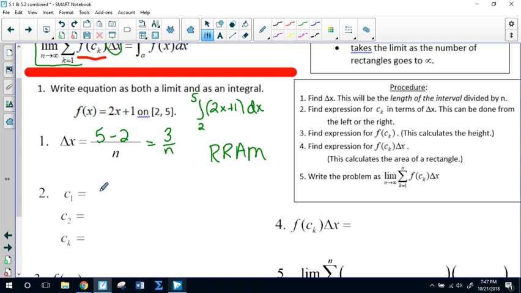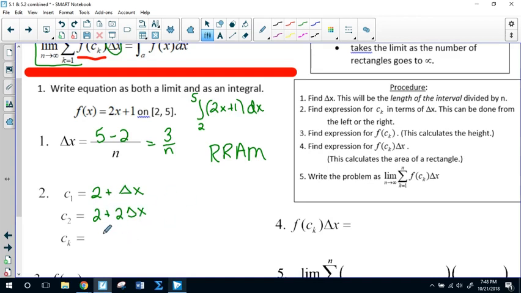Okay, so if I'm going to use RRAM, that means my first rectangle would start at 2 plus whatever I've decided my delta x is going to be. And then the next rectangle would start at 2 plus another delta x, or 2 plus 2 delta x. And my third rectangle would be 2 plus 3 delta x, and so forth and so on.